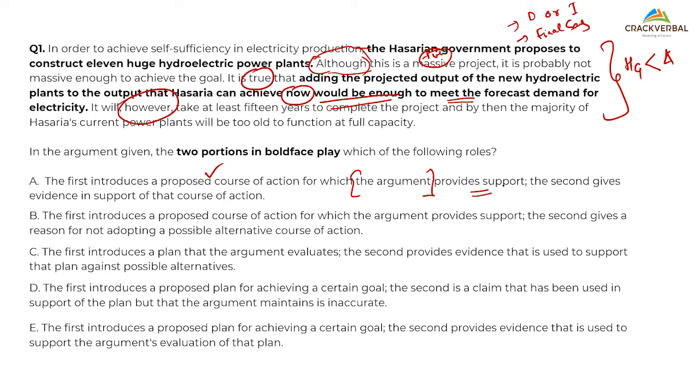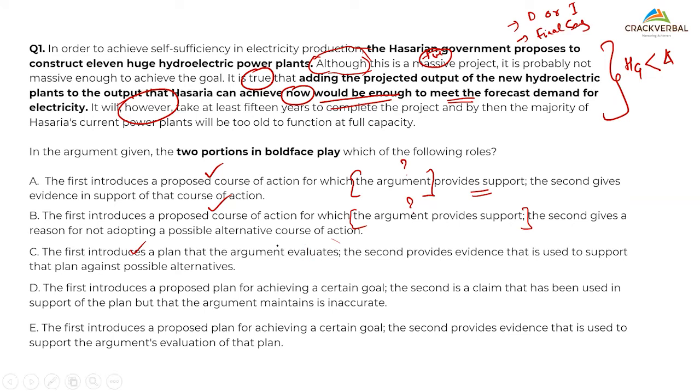Okay, I'm fine with this part, but I have doubts. First introduces a plan. Looks nice, it's introducing a plan. Good. That the argument evaluates. I can keep this. What do you mean by evaluation? To evaluate something.